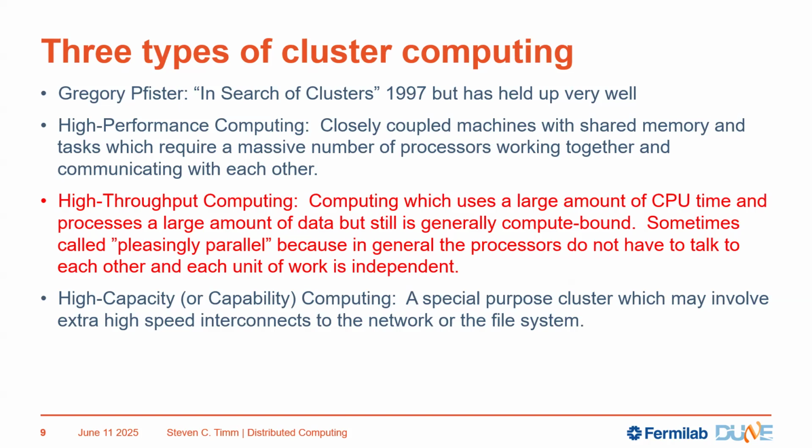After the Columbia shuttle blew up in 2003 or so, for the rest of the shuttle program, they built a computer that was fast enough to read all the video of the shuttle going up and calculate whether it was going to make it back or not. So the main thing there is extra high-speed internet to the file system, if you have heavy database work to do. This is a fairly rare thing today, but people still think about it.